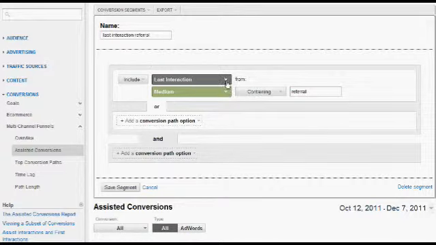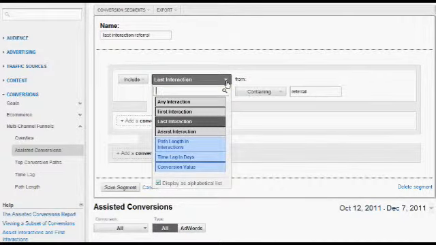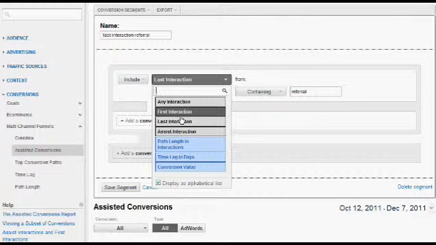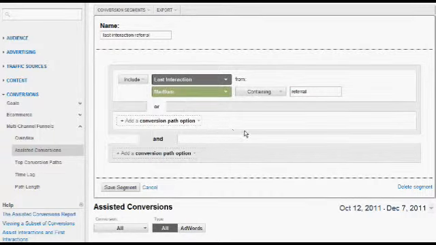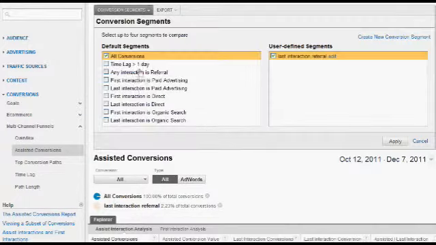The main difference between this and an advanced segment is you can set it based on when the interaction occurred. So this is set for a last interaction with a medium containing referral, and you save it. You may find there's a slight pause with loading. I've noticed, especially while version 5 is in the beta stage, things do move a bit slower than you expect at times. So this is set to show all conversions and the ones which had a last interaction from a referral source.